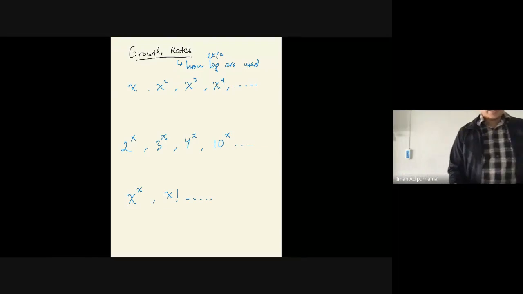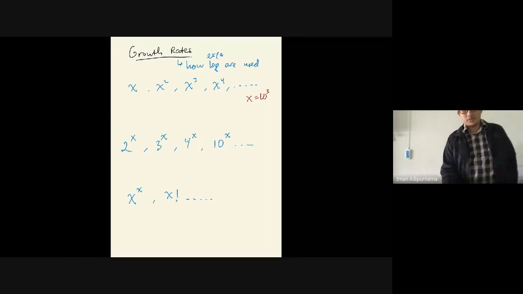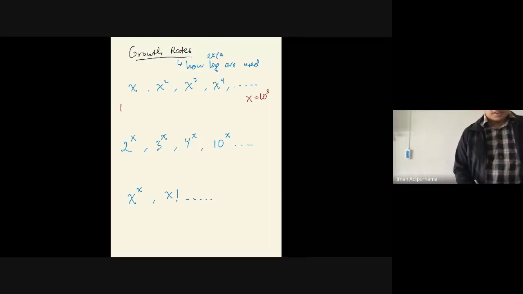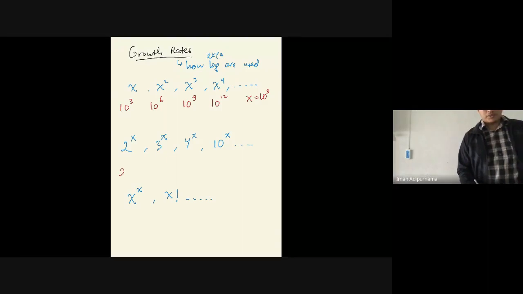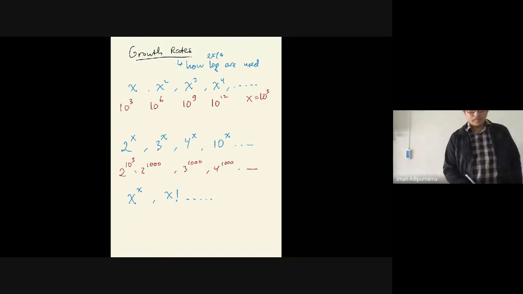If your x is, let's say, 1,000, this is 10^3 to the power... this is 1,000,000, and this keeps increasing. But what will happen here? This is 2 to the 1,000, and this is 3 to the 1,000, 4, and so on, right? And this part is 1,000 to the 1,000.